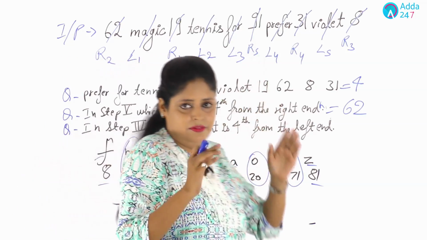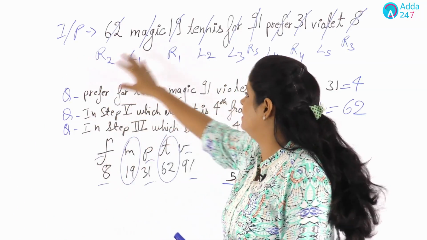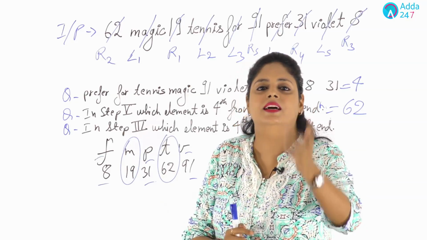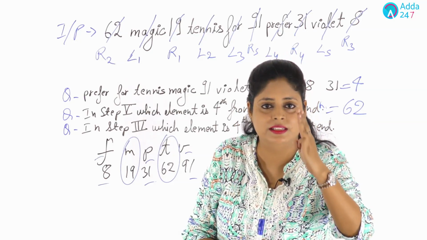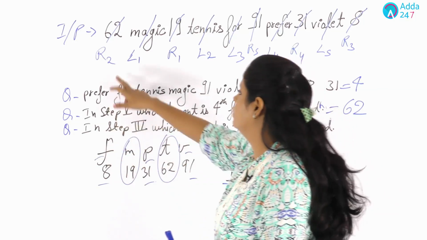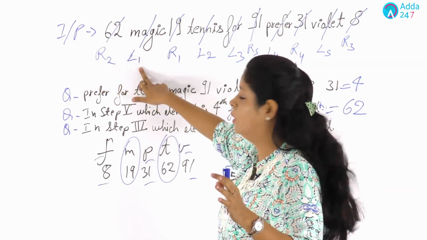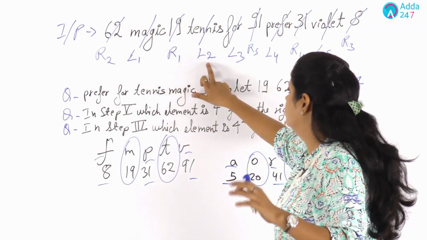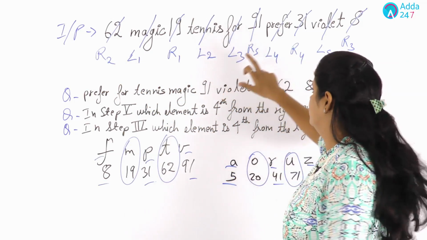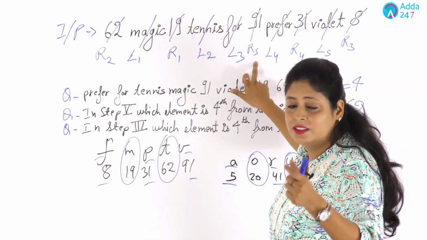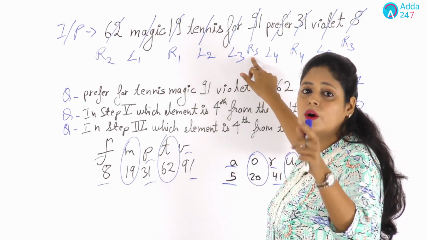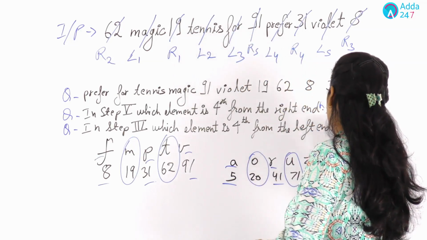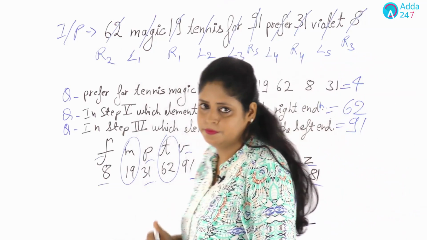Coming from the left end, we will see which element comes first other than 1, 2 and 3. Okay, let's trace it out. 2, we will not count it. 1, we will not count it. Again 1, 2, we will not count it. 3, we will not count it. R5 is a new number other than 1, 2 and 3. So our answer will be 91.